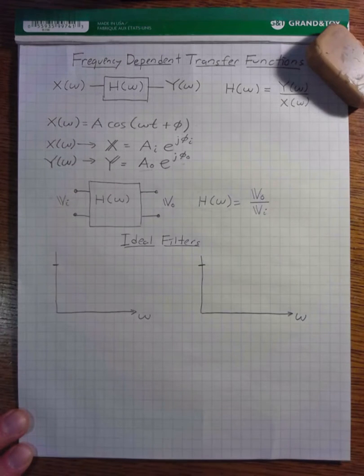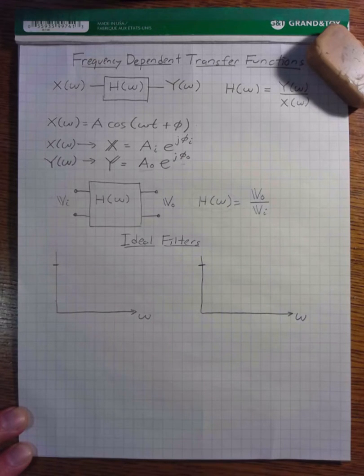So by far the most common application of circuits that have a frequency-dependent transfer function is filtering. And a filter is basically just a circuit that blocks signals at some frequencies but allows signals at other frequencies to pass through.